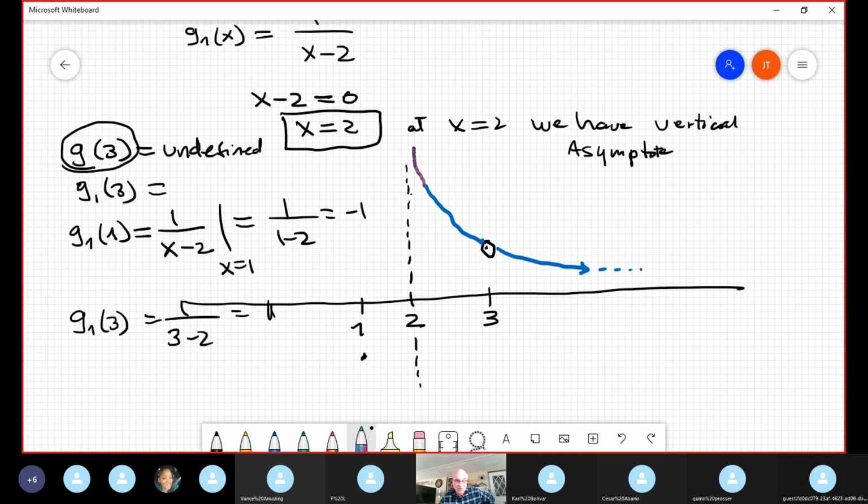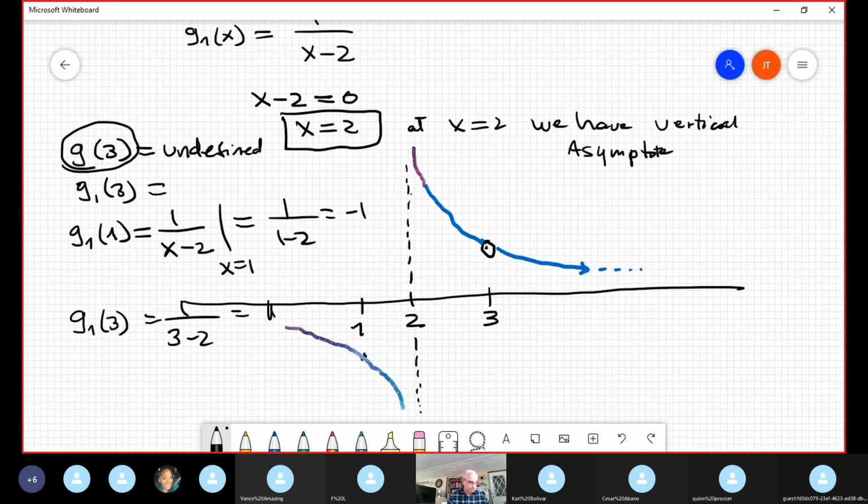The distance between the curve and the asymptote is smaller, decreasing. However, never touch. And the other direction, something like that. Okay, super. Any question?